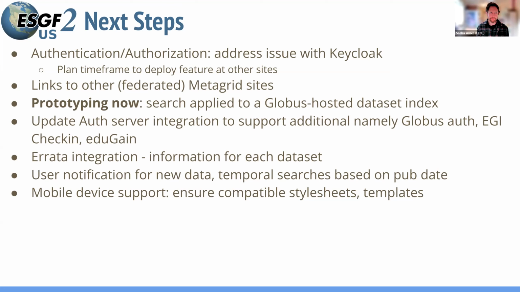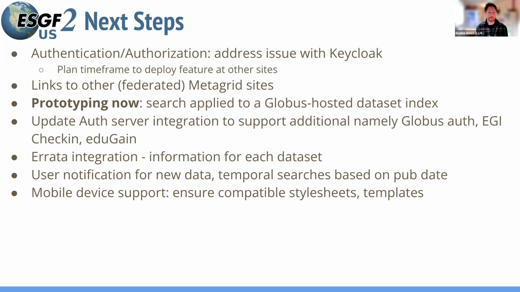Right now we are prototyping a search feature for targeting the Globus hosted index. It's part of Globus search, so a potential next generation platform for search, at least for the DOE sites. But much work has to be done to make that interoperable with other search platforms.